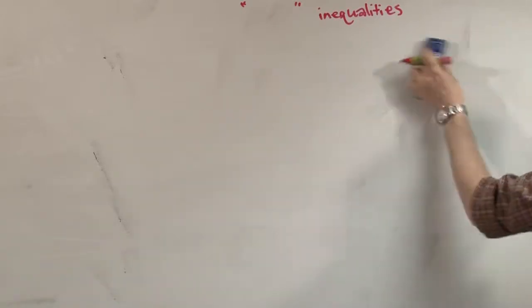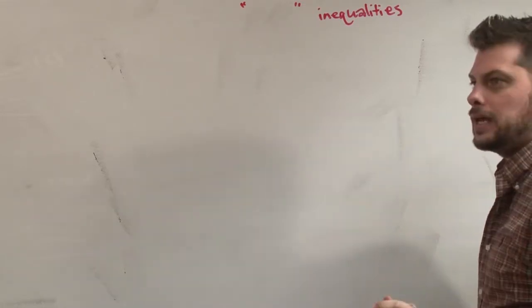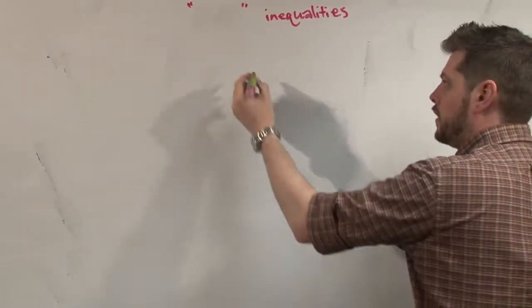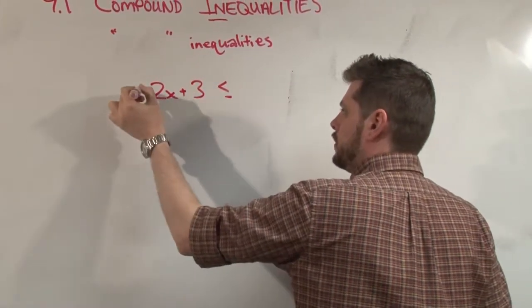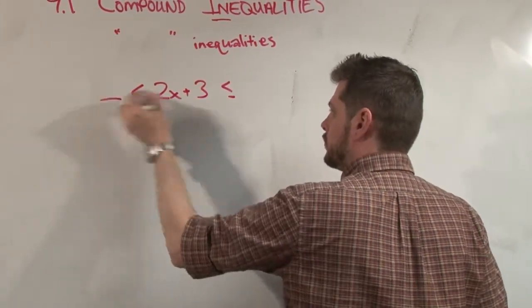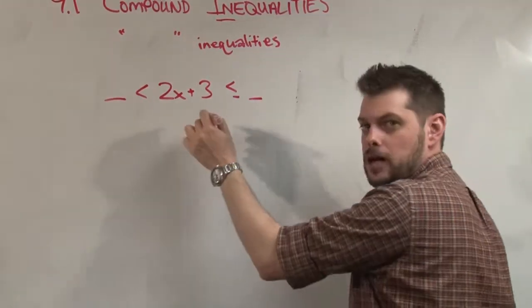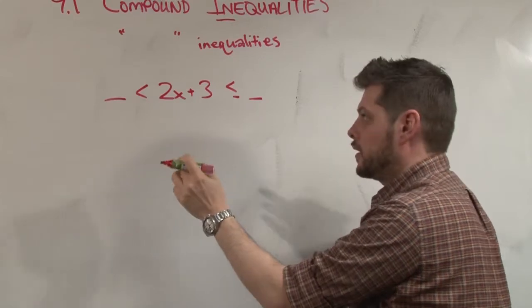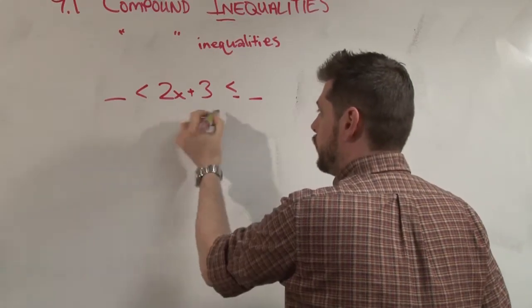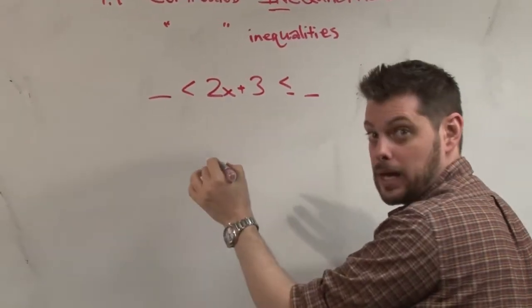In fact, I can't solve any compound inequality that I write where some expression of x is between two numbers. I cannot rewrite this as an or inequality because I'm not saying it's an or inequality. What I'm saying is that both these conditions must apply.